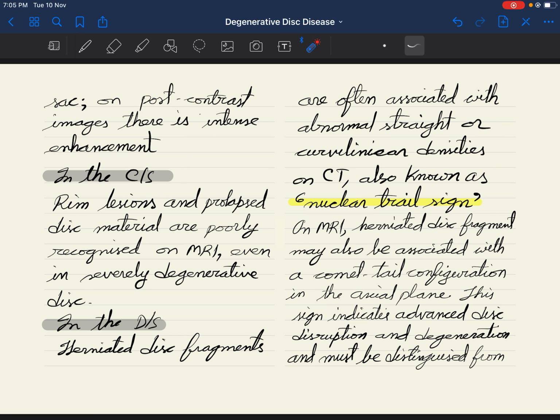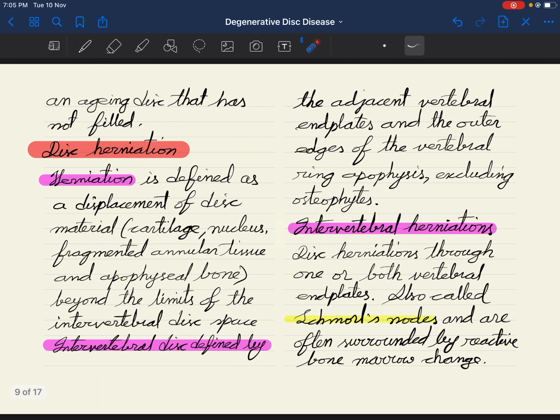On MRI, a herniated disc fragment of the dorsal spine may also be associated with a comet tail configuration in the axial plane. This sign indicates advanced disc disruption and degeneration and must be distinguished from an aging disc that has not filled.